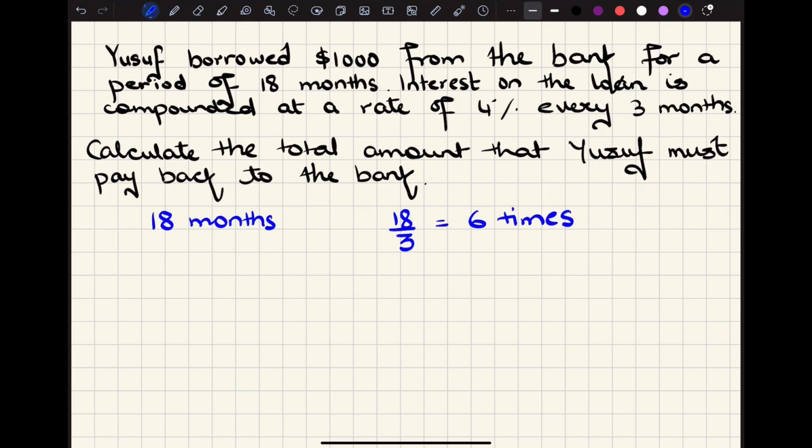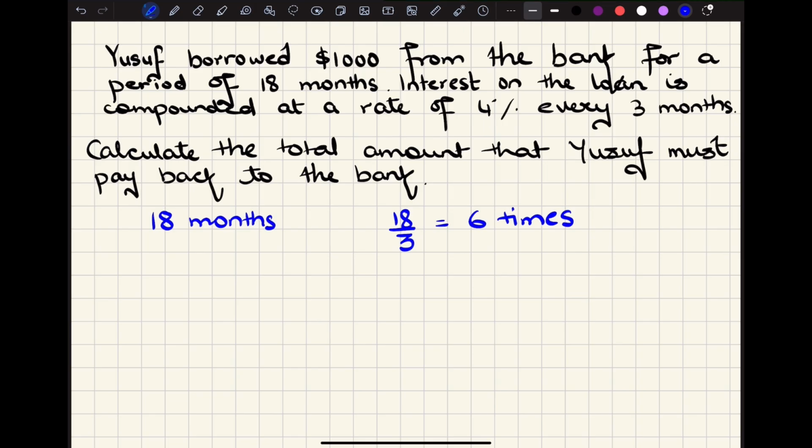Okay, so over a period of 18 months, the interest will be compounded 6 times because after every 3 months interest will compound. So 3, 6, 9. So after 9 months, then after 12 months, and then after 15, and then 18.